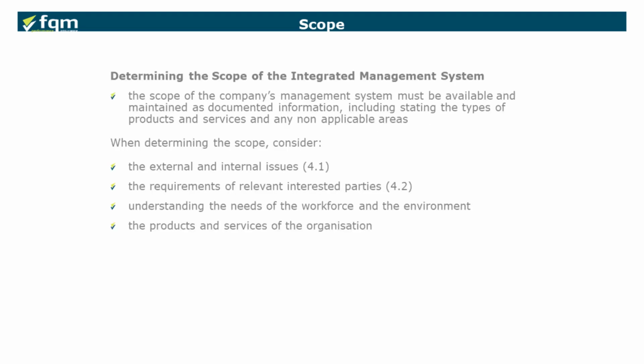And when we speak about external and internal issues, it could be changes that could have an impact on your objectives, different relationships you might have with other organisations and changes that might occur. Interested parties, as I mentioned, often we have to think about what legal requirements there may be on our business and what changes, if they happen, we would have to notify about.